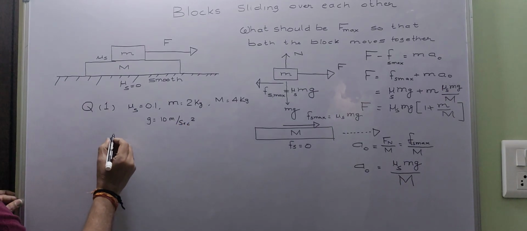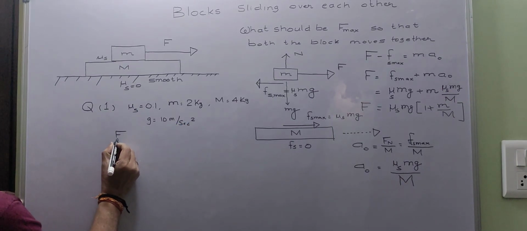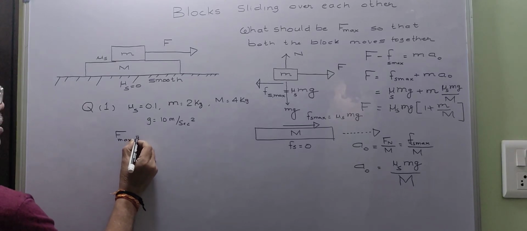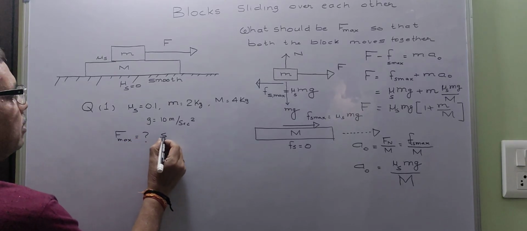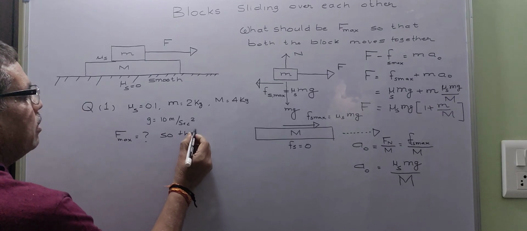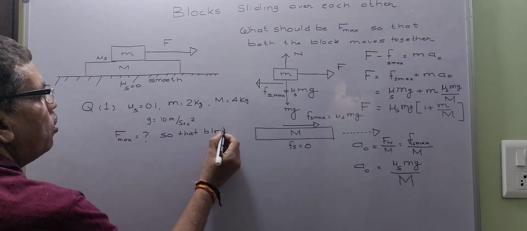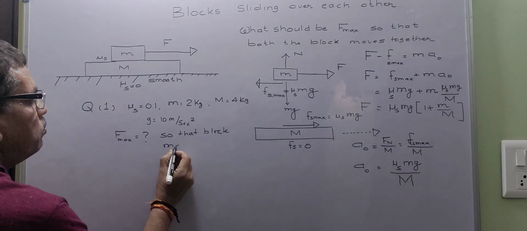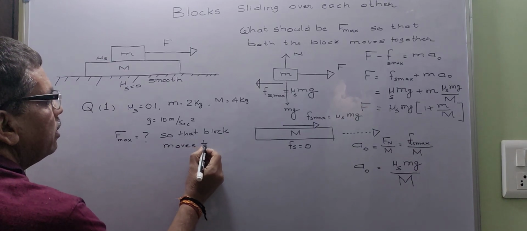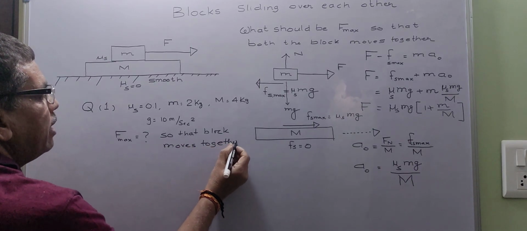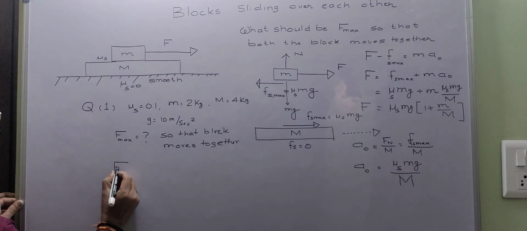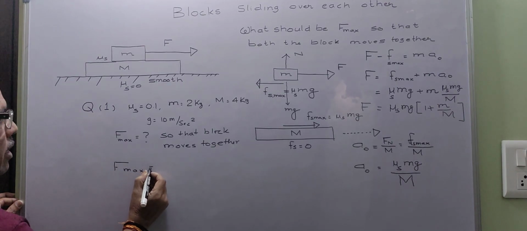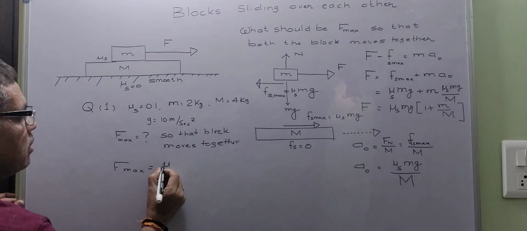Now the question is, what should be F max so that the blocks move together? Now I can directly write that Fs max is mu s mg.